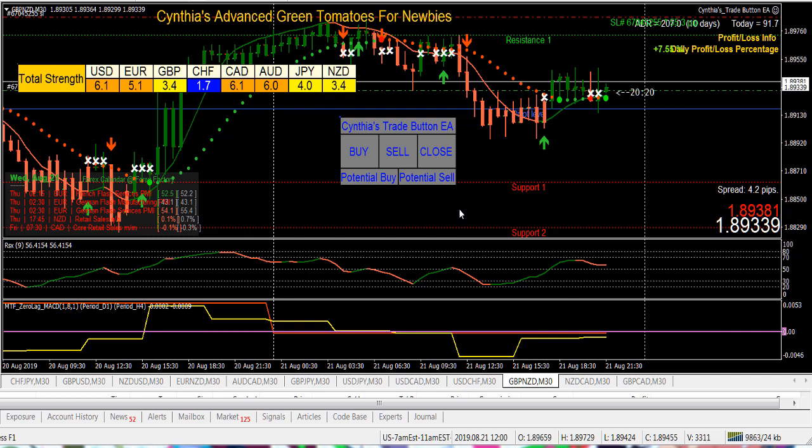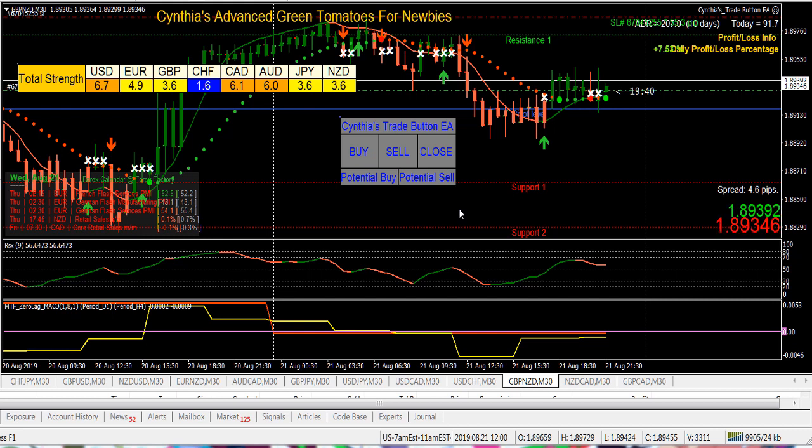So we've overcome the problem of needing to place your trade with one click, which includes your stop loss, your take profit, and your trade management, which means moving your trailing stop to X number of pips depending on the set file that you've chosen. When it reaches a certain number of pips, it will move your initial stop to break even and book half of your trade at the same time.